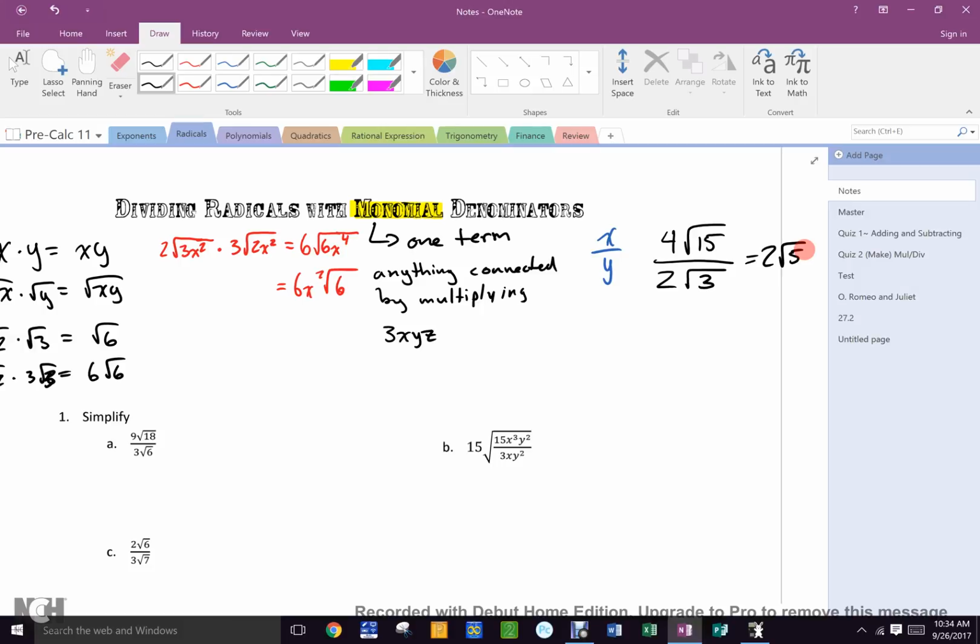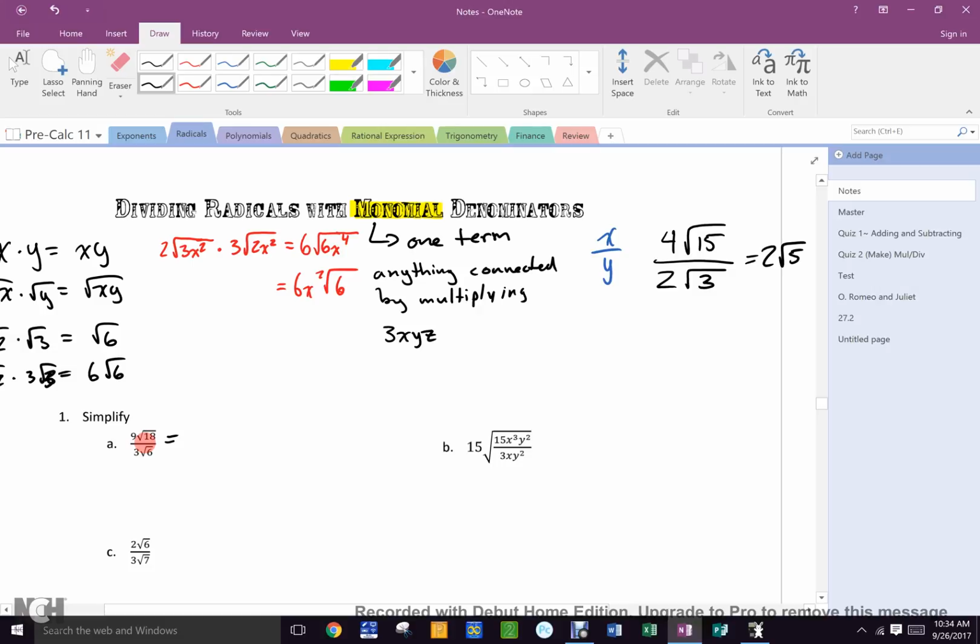Because 15 divided by 3 is 5, and 4 divided by 2 is 2. And we already know that radicals behave the same way as coefficients and variables, yes? So everyone should be okay with that, right? Awesome. So that means all of you should be able to tell me the answer to 1a.